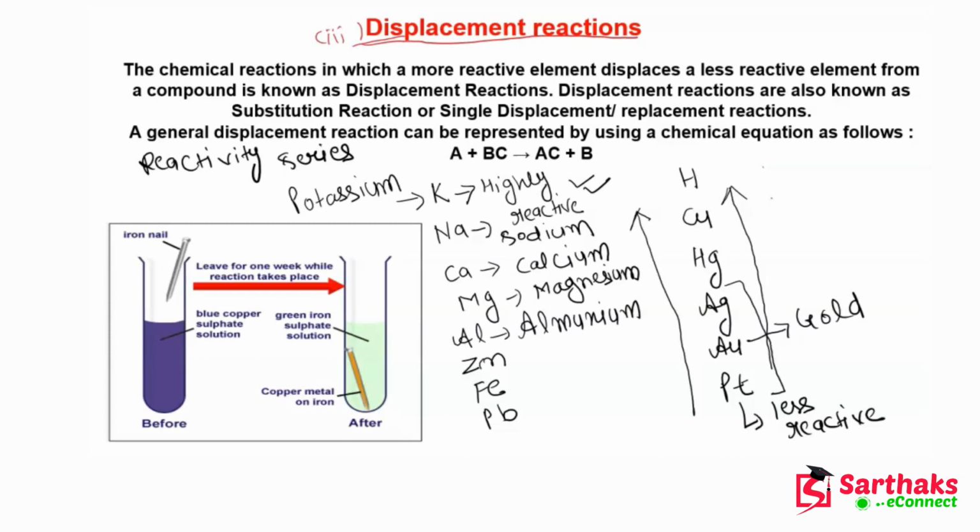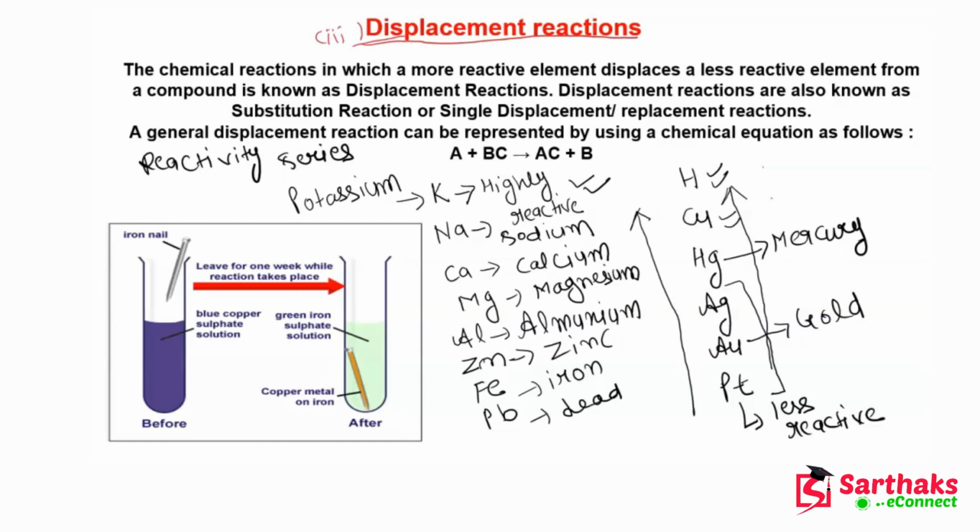Now guys, let's talk about the full names of these elements. This is zinc, this is iron, this is lead, this is hydrogen, this is copper, and this is mercury.